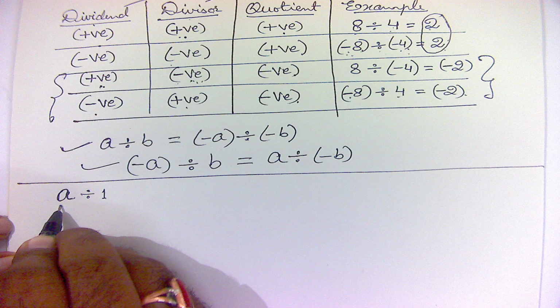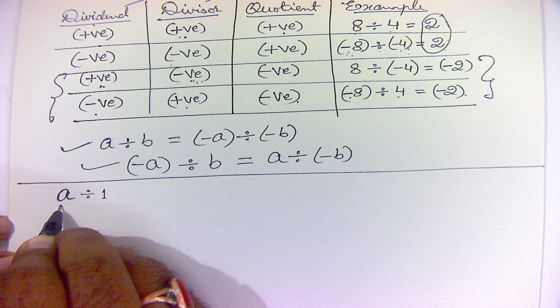Like 4 divided by 1 will give you 4, and minus 5 divided by 1 will also give you minus 5. So if you divide any integer by 1, you get back the same integer.